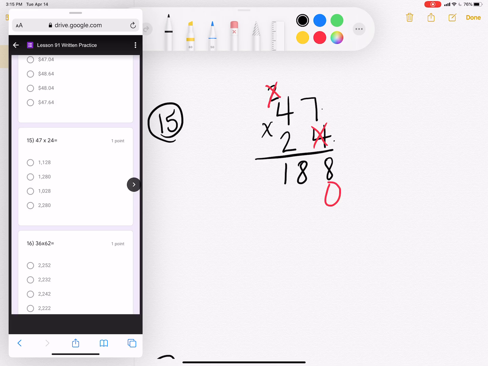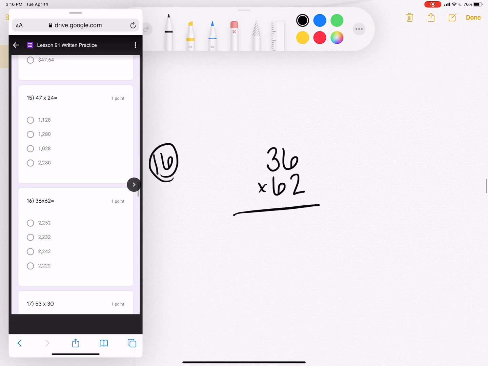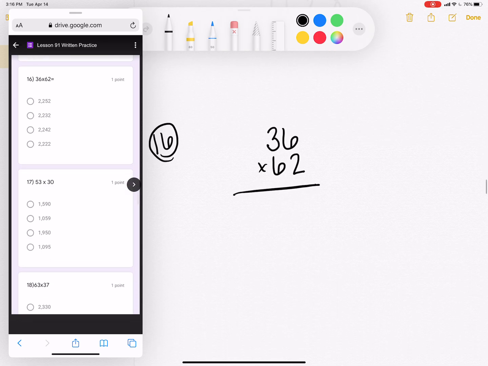Now I can start all over again. 2 times 7 is 14, carry a 1. 4 times 2 is 8, plus 1 is 9. Now we're adding. 8 plus 0 is 8. 4 plus 8 is 12. 9 plus 1 is 10, plus 1 is 11. 1,128 is number 15.